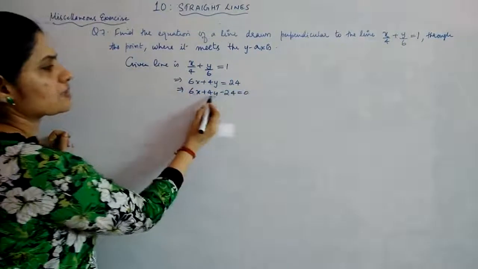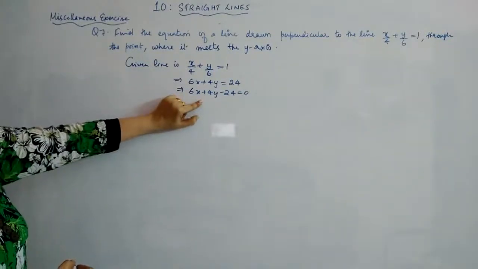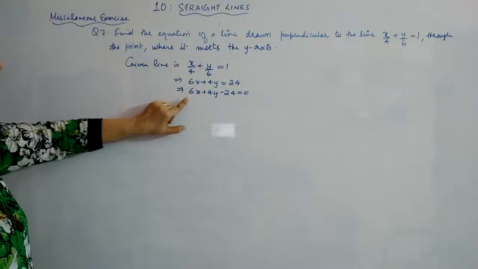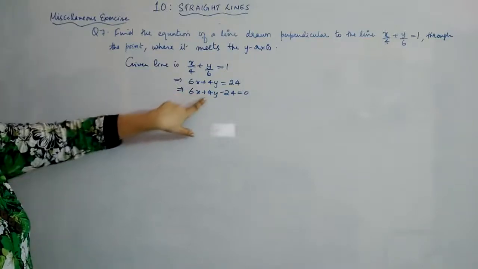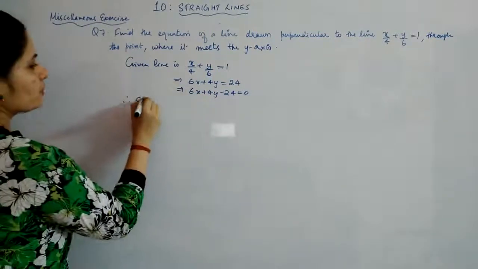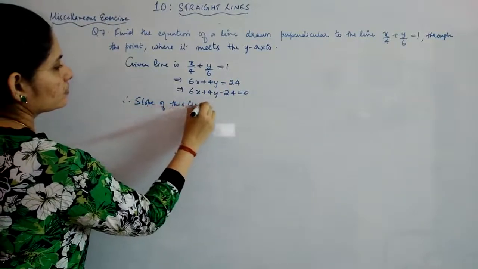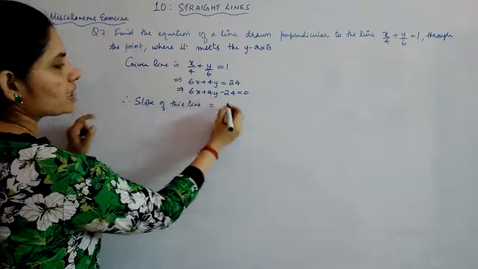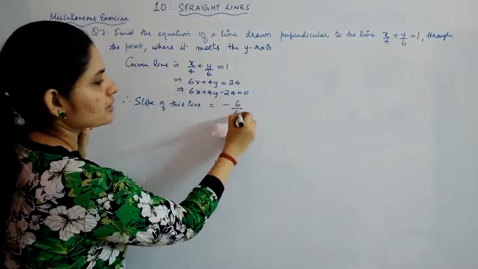This is in your ax plus by plus c equal to 0 form. So the slope of the line will be negative coefficient of x divided by coefficient of y, that means minus a by b. Like that also you can find the slope directly. Therefore the slope of this line will be negative coefficient of x, which is 6, with the coefficient of y in the denominator.